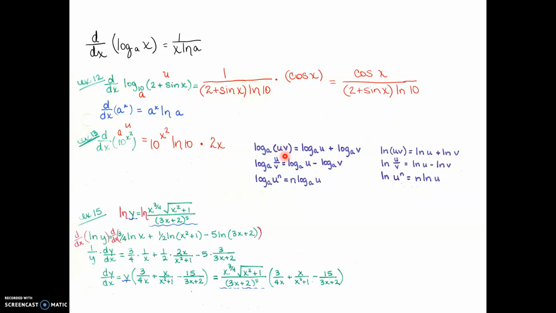If you have the log of something being multiplied, you can break that into two separate pieces that are being added. Similarly, with division, we subtract, and when you have an exponent, it can be moved out in front and made a coefficient.